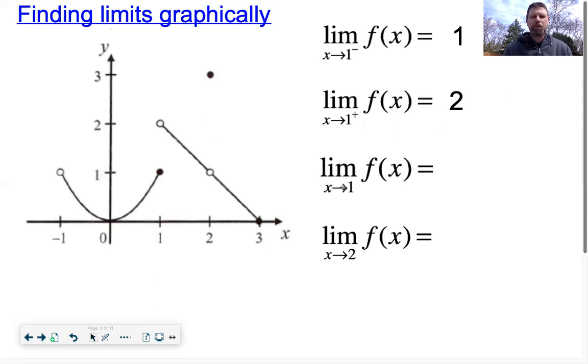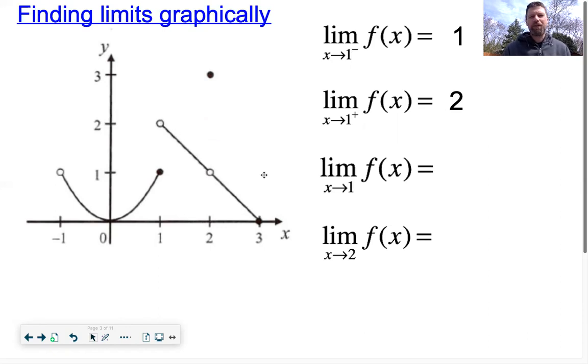The limit as x approaches 1, if it doesn't have a specific side, like the right side or the left side, like the two above, it means from both sides. Here we're going to have a problem though, because from the left side, I get closer and closer to a value of 1. From the right side, I get closer and closer to a value of 2.